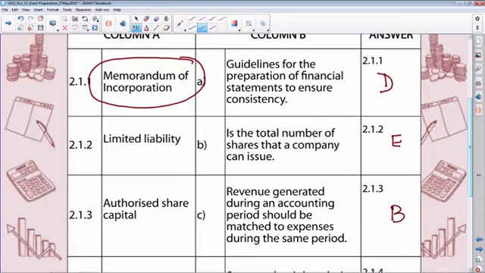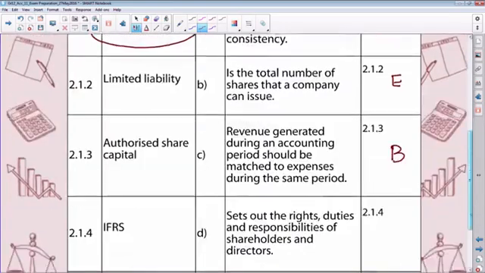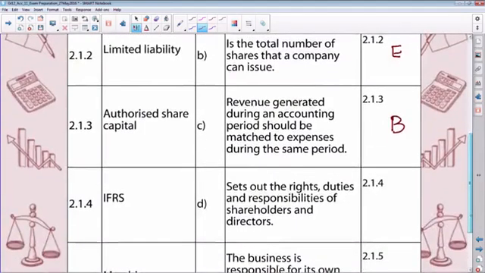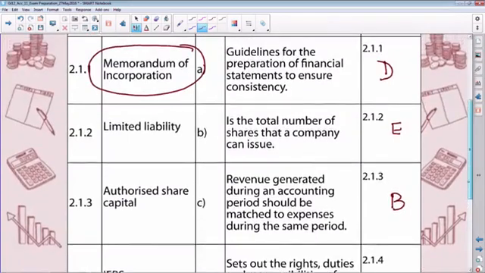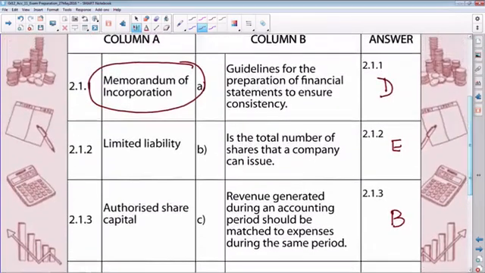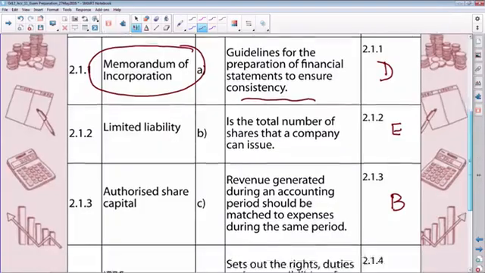So we put that one in for number 3. Number 4 says, IFRS, okay, guidelines for the preparation of financial statements to ensure consistency. IFRS, you know, stands for International Financial Reporting Standards. Yes, so obviously that would be A.